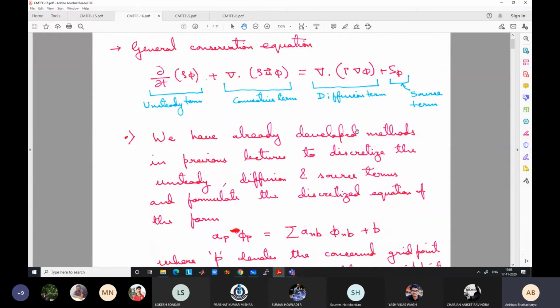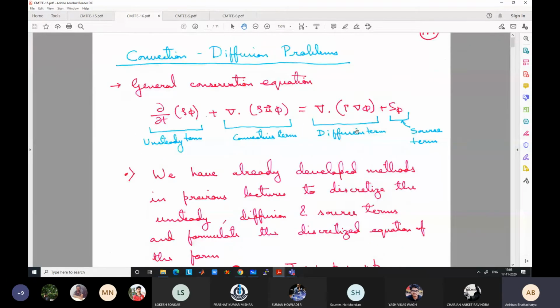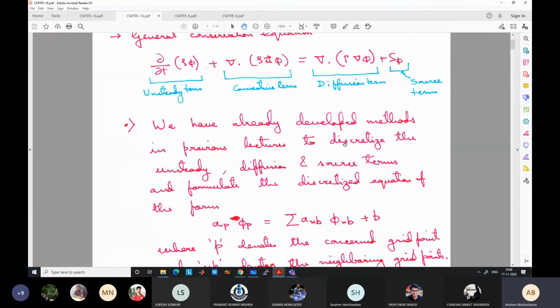By discretizing the domain into some grid points P, west, east, and then for that control volume, integrating the source term and the unsteady term with respect to time and space. I have just written this here for the sake of completeness of the notes, but we have already discussed this.